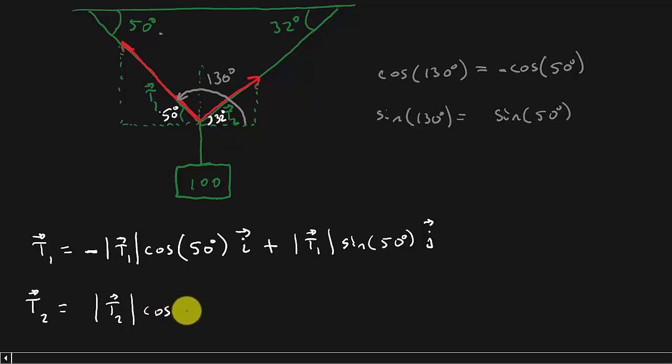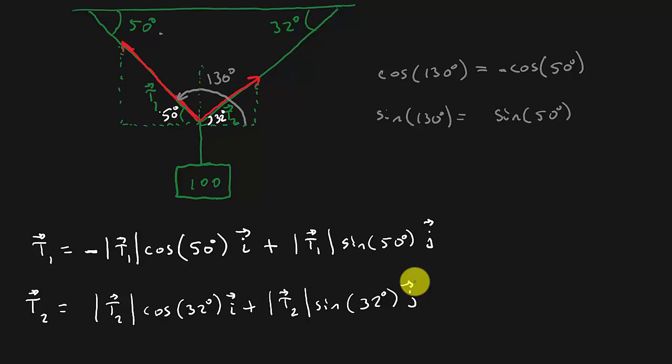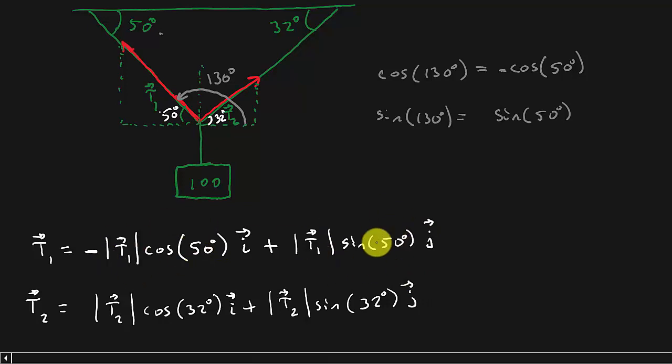So that's going to be times the cosine of 32 degrees times vector I plus vector T2 times the sine of 32 degrees. All right. So there's the horizontal and vertical components of T1 and T2 that we found.